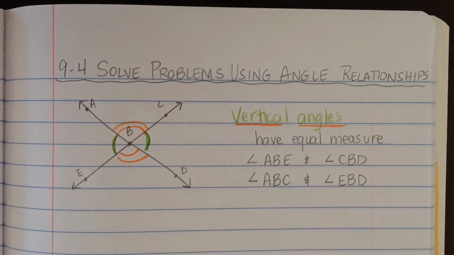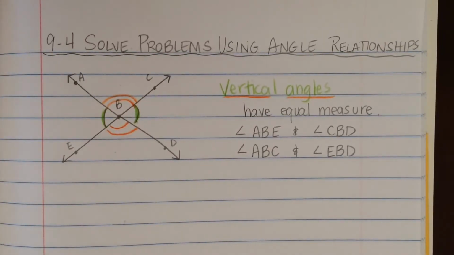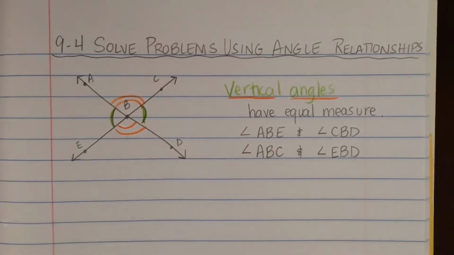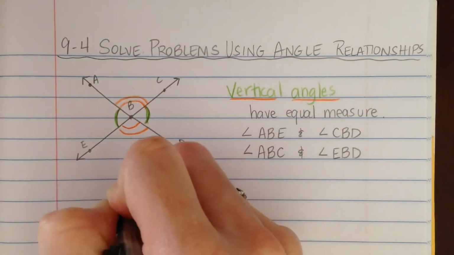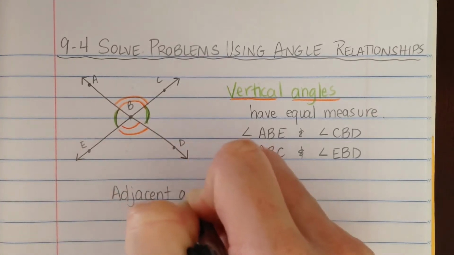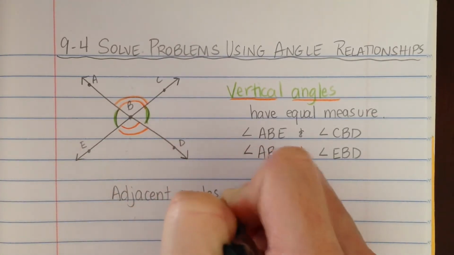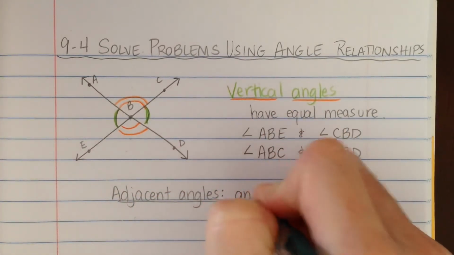Adjacent angles, that's the next term that we're going to talk about. Adjacent angles are angles that are next to each other.